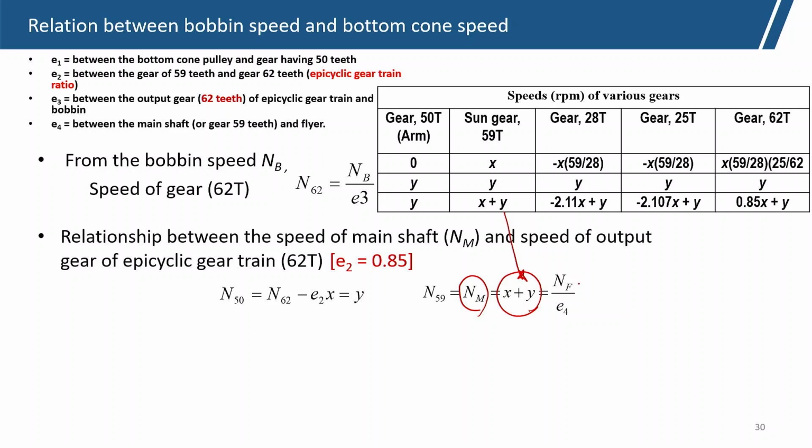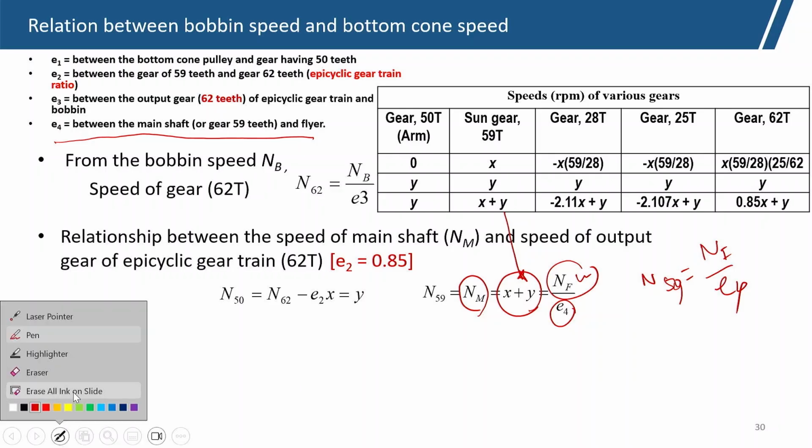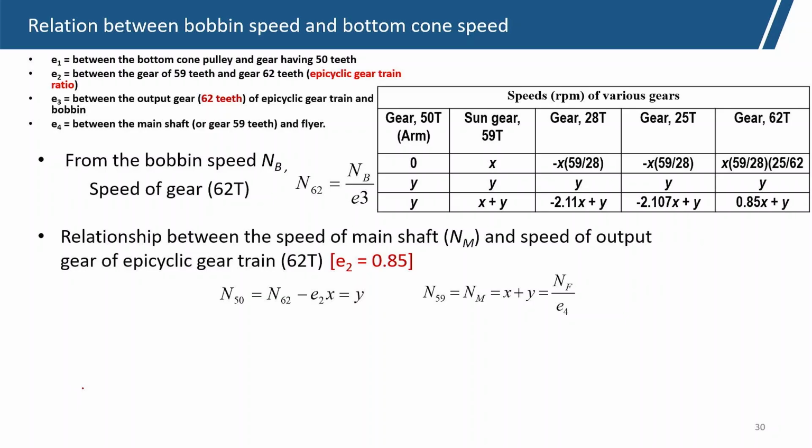Main shaft, that is NF. E4 is between the main shaft and the flyer. So, flyer speed divided by E4. So, N59 is equal to NF by E4. So, we are getting this in terms of the epicyclic gear ratios.